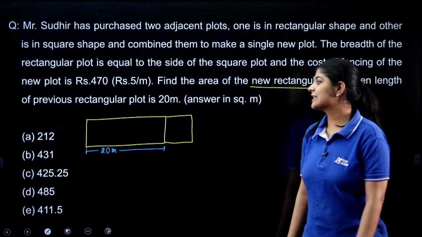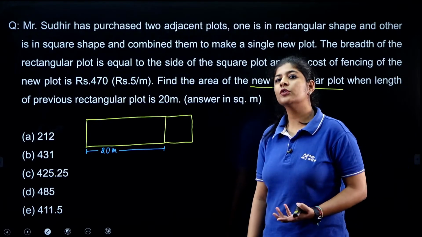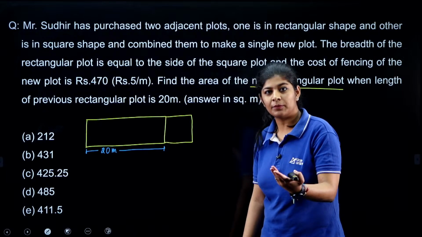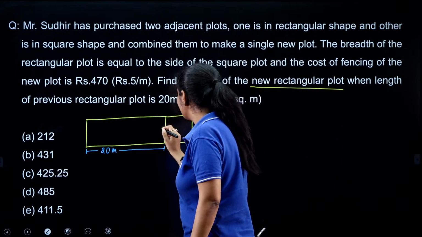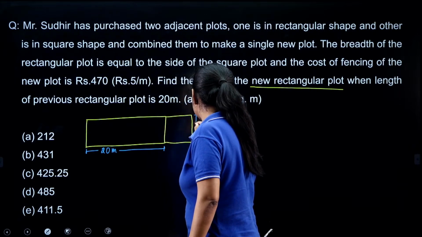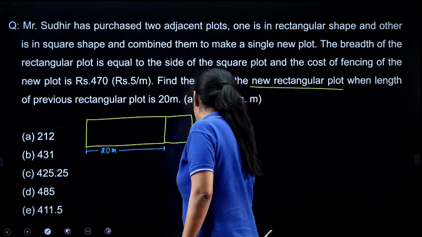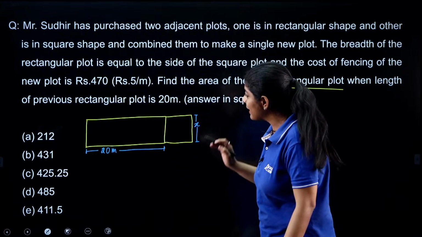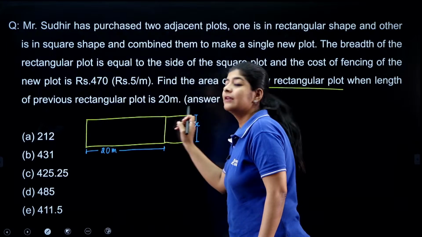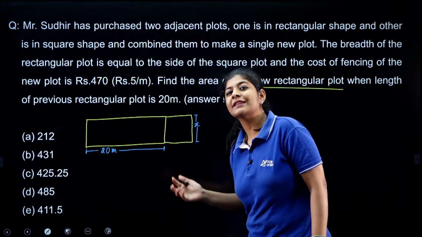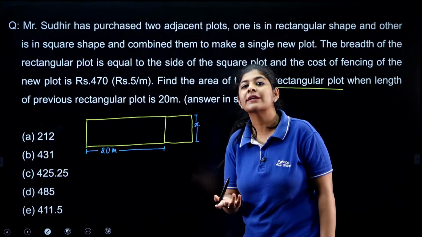Okay, let's start discussing. As we don't know the breadth of the old rectangular plot, or the side of the square plot, I am assuming that this is equal to x. Why am I assuming this? Because I am going to fence around this new rectangular plot, which is nothing but the perimeter of the new rectangular plot.